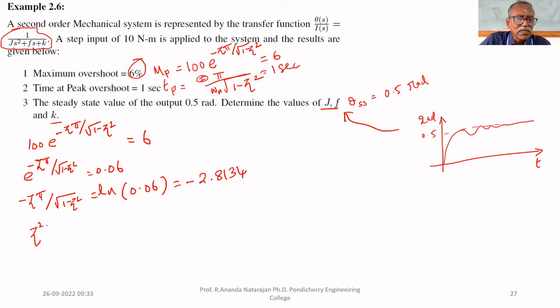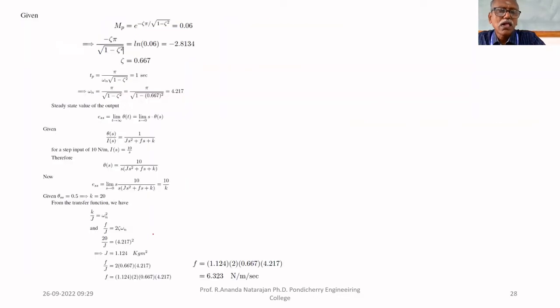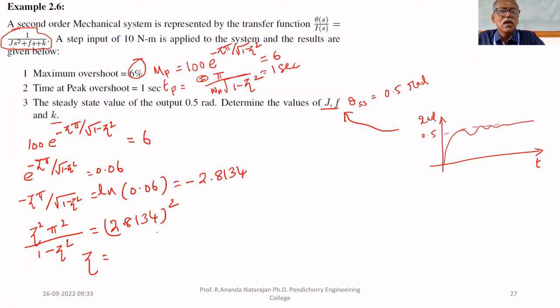Therefore, zeta square pi square upon 1 minus zeta square equal to 2.8134 whole square. Find zeta. Zeta equal to 0.667.